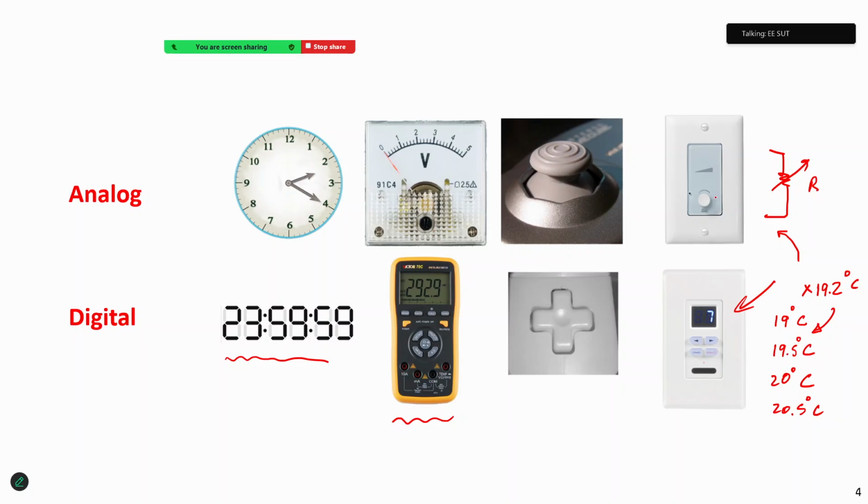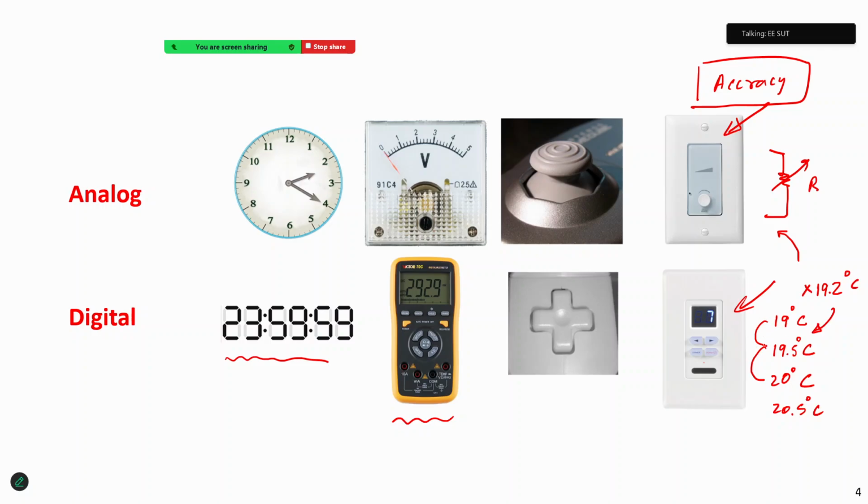But the analog system may not be so accurate, right, the device may not be very accurate. So the digital one does not go into the detail in between the digits, but it's more accurate, right?